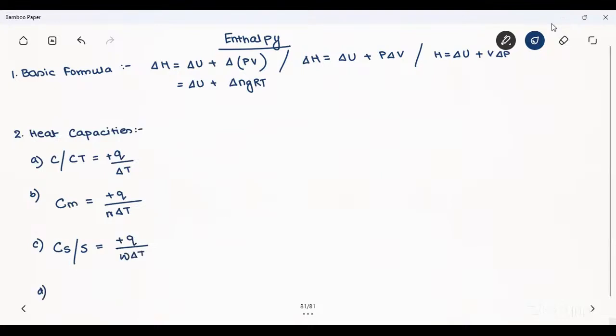Fourth comes our CP, heat capacity at constant pressure. Fifth comes our CPM, molar heat capacity at constant pressure. Next comes our CPS. This is specific heat capacity at constant pressure.